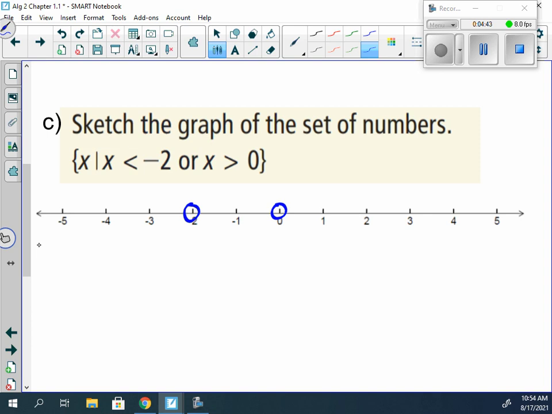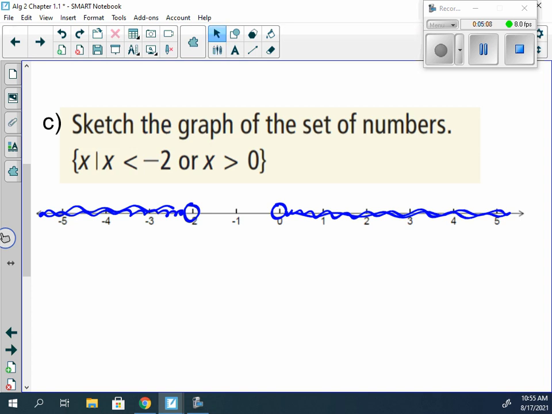Neither, because neither one of them is equal. If they're equal, then we fill it in. If it's not equal, we do not. So for -2, which way are we going to shade? To the left, because it says x is less than -2. And for 0, we shade to the right. And that is it.